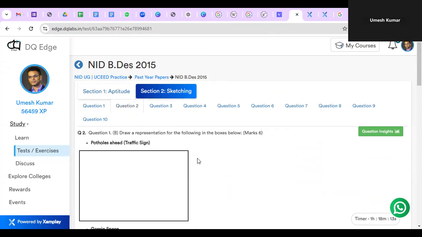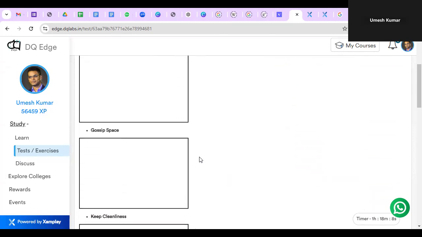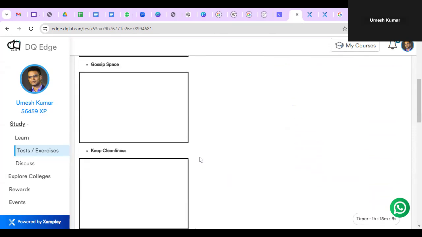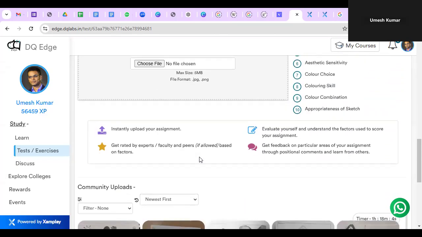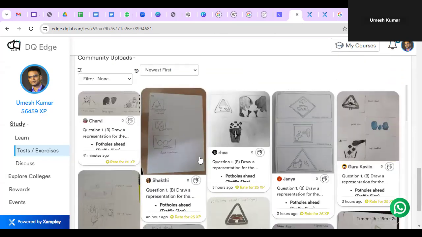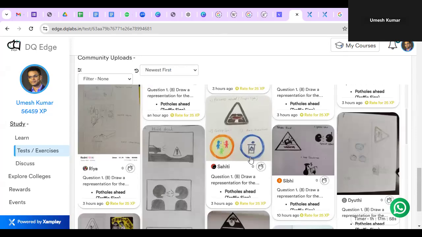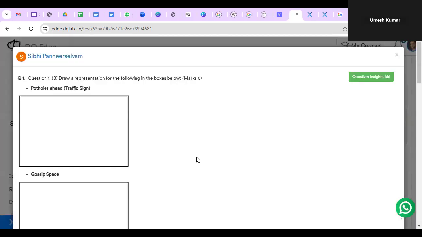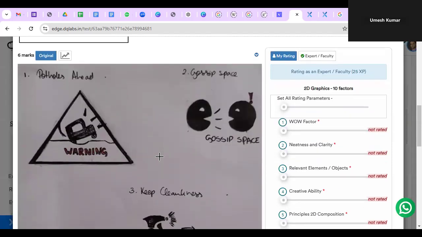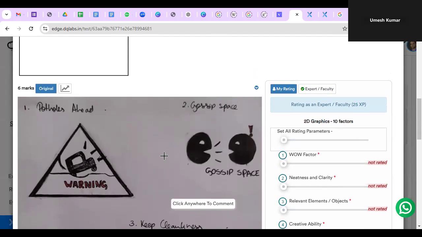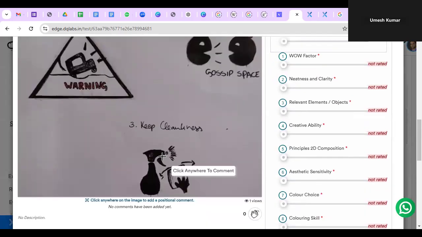Draw a representation for the following in the box below. Potholes ahead, gossip space, keep cleanliness. Okay, see the potholes ahead, gossip space.